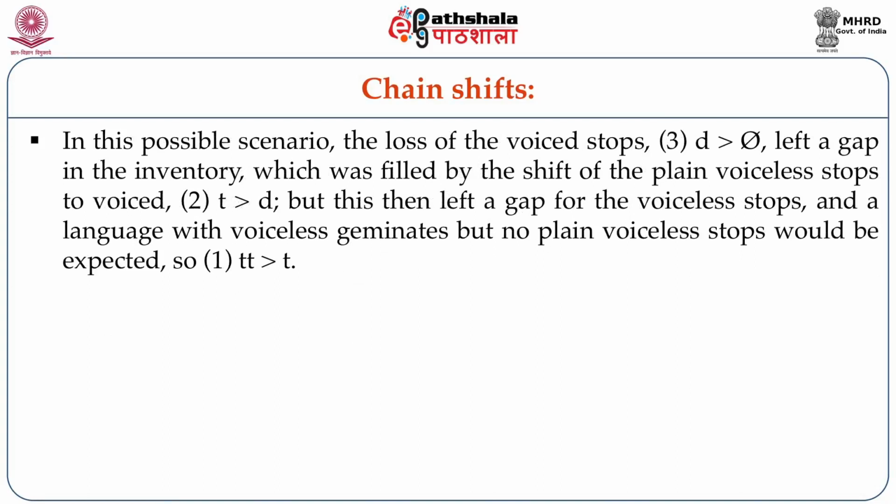In this possible scenario, the loss of the voiced stops, da becoming 0, left a gap in the inventory, which was filled by the shift of the plain voiceless stops to voiced, so ta becoming da, which then left a gap for the voiceless stops, that is, a language with voiceless geminates but no plain voiceless stops, which would be unexpected.